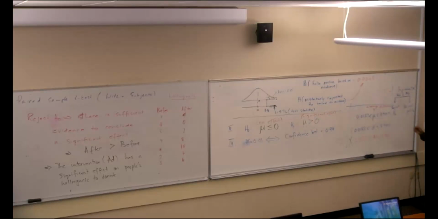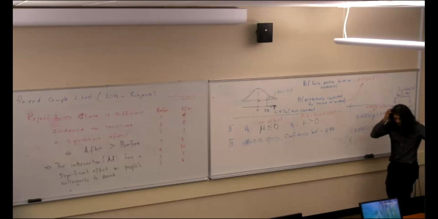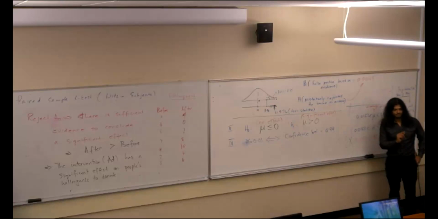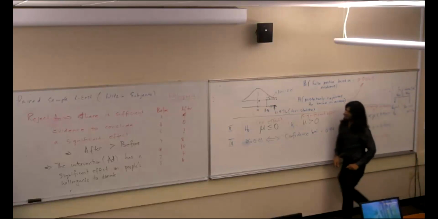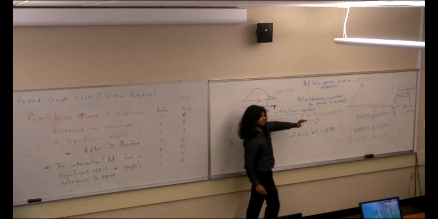Great question. What about the 1% that you're not confident? Well, you are never 100% certain. It is only possible at a level of 1%. It is possible, but at the level of 1%, which is why we combine this with the p-value conclusion.